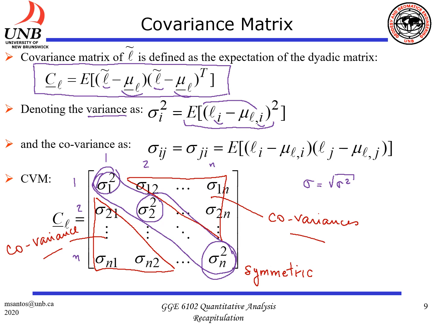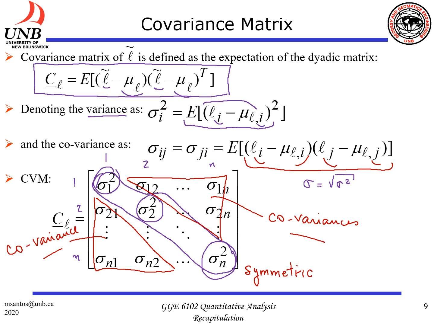The covariances are the expectation of the product now of different elements. Here we have the difference between Li and mu i. Here we have Lj and mu j.